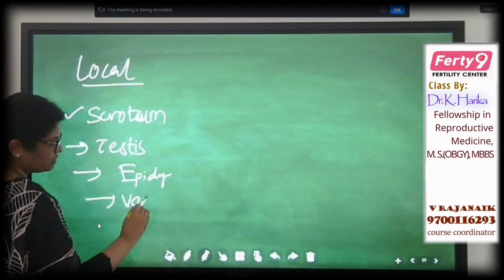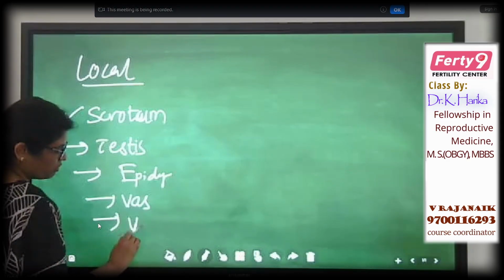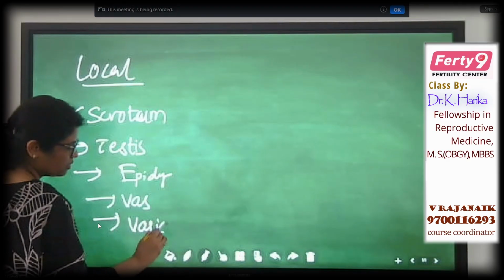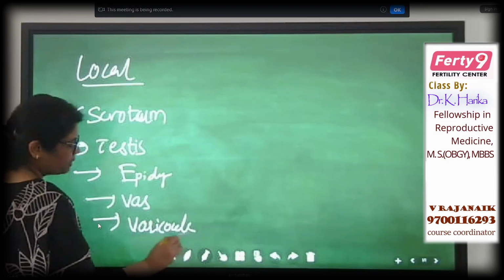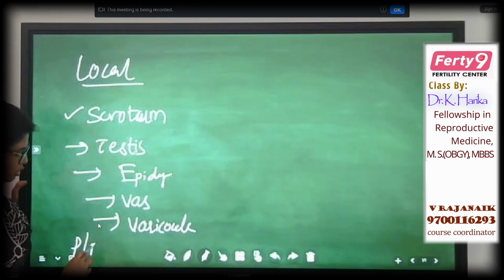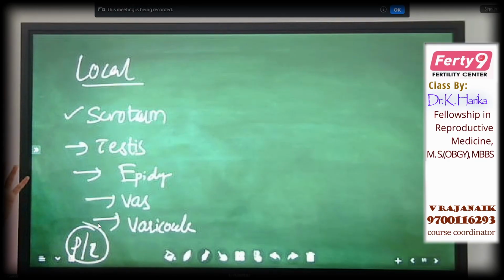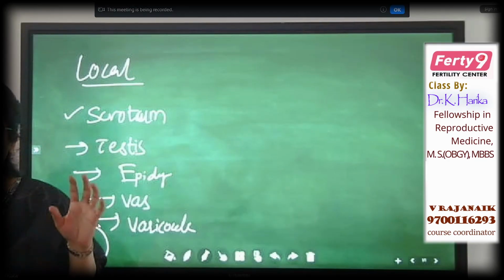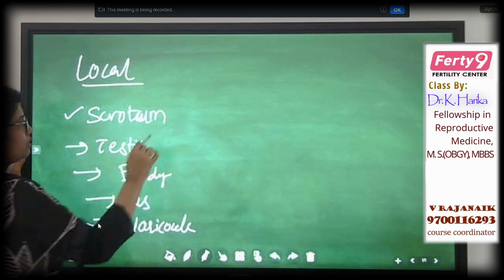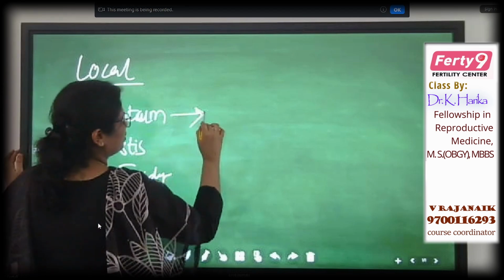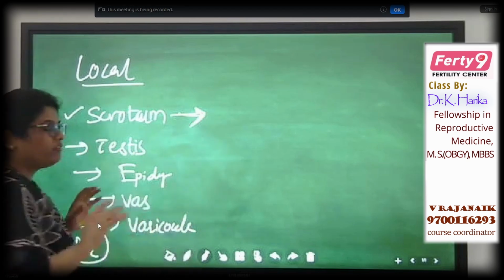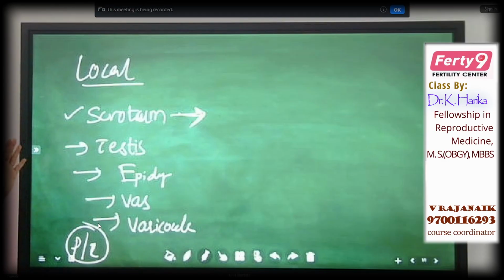Next is vas deferens. Next is varicocele. And per rectal examination is last. Normally the scrotum is round. Whenever you palpate, you have to examine the male in standing position.